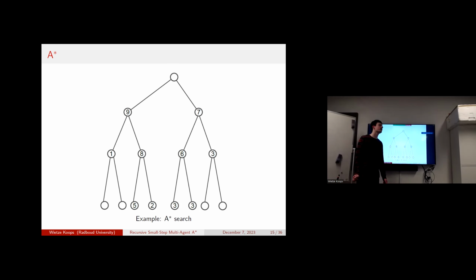But then, of course, you also need to certify that the heuristic values are correct. If you use a recursive approach, then that might still lead you into trouble, with huge certificates.